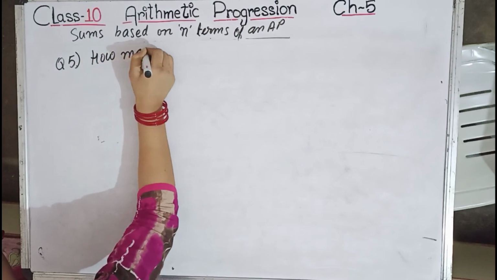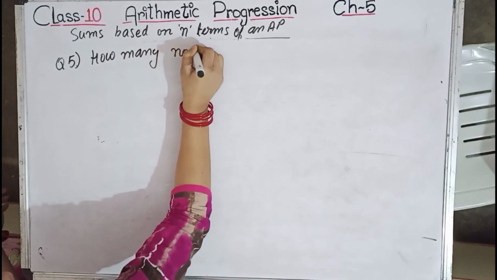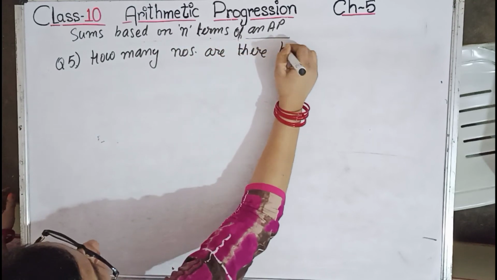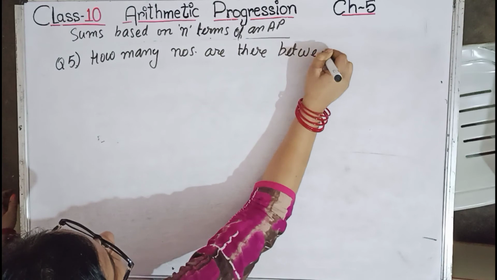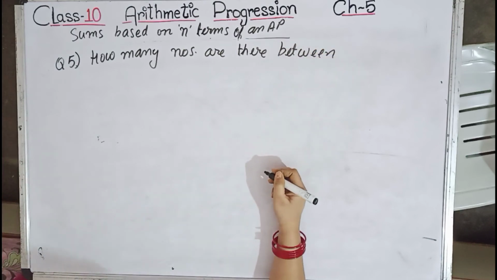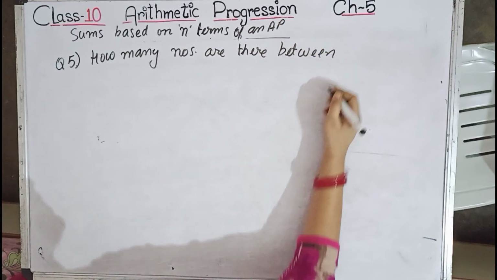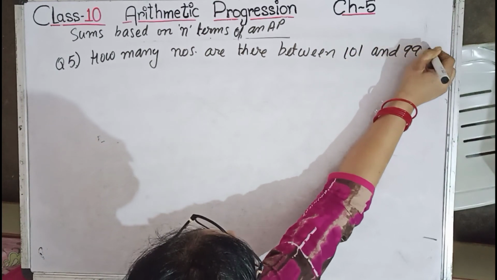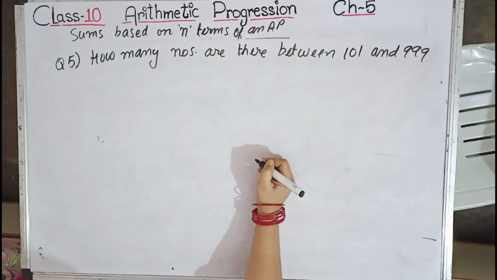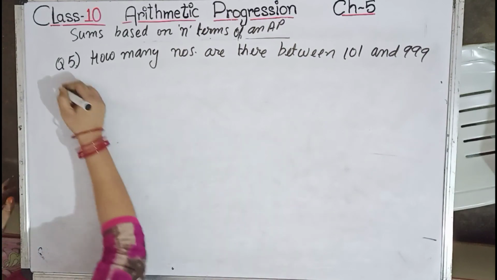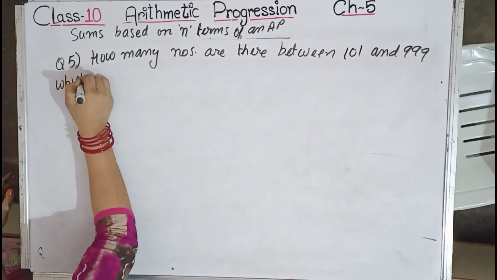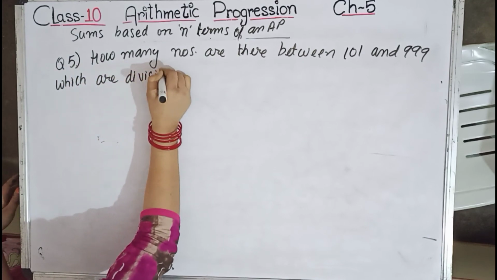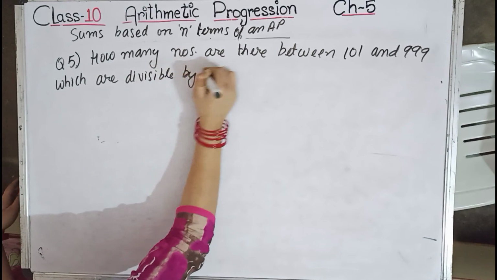How many numbers are there between 101 and 999 which are divisible by both 2 and 5?